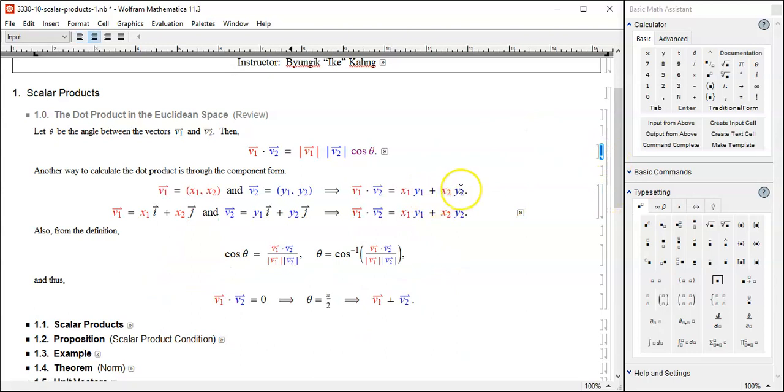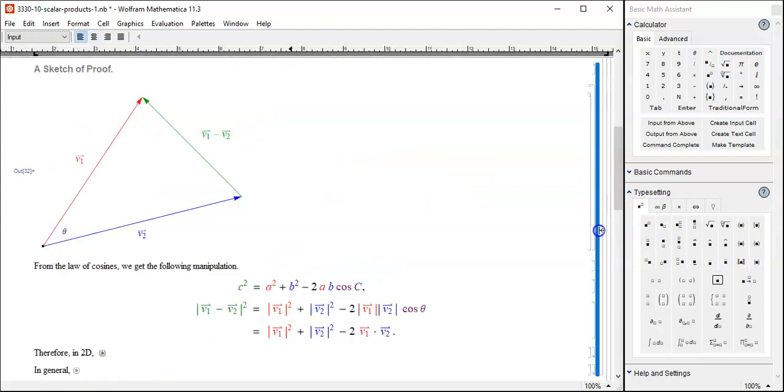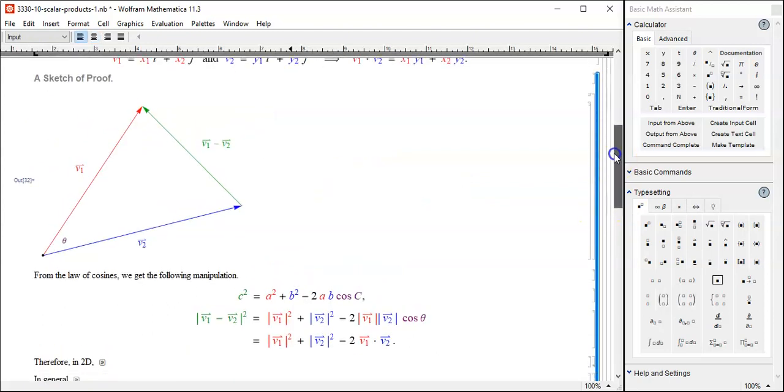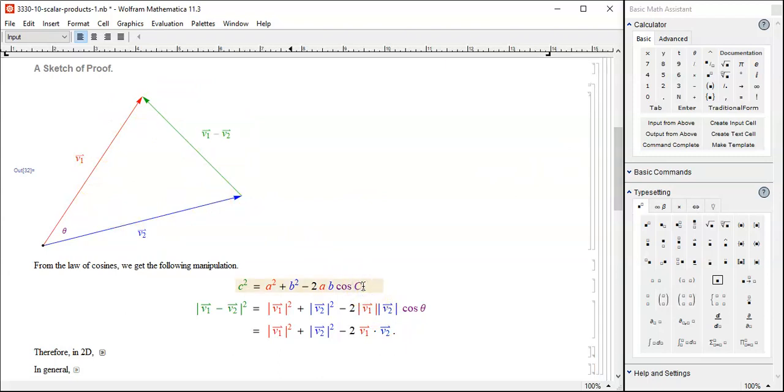And then it is possible to do the computation by multiplying the first components and second components together and then adding them up. How do you prove it? I think I left this as a homework problem set in week 1. It goes kind of like this. We have a triangle and then apply the law of cosines.